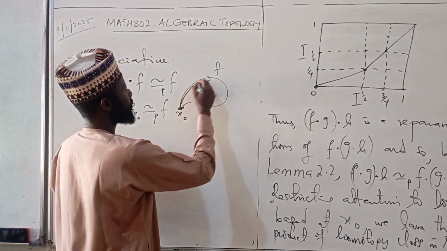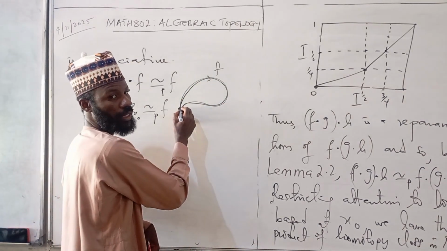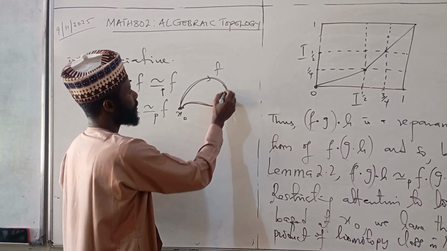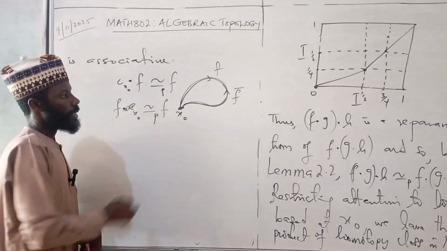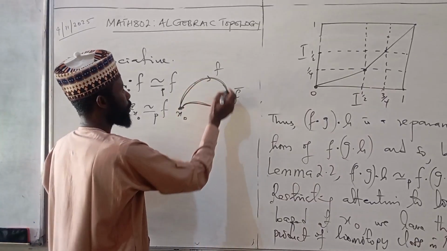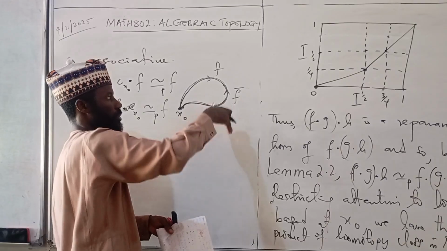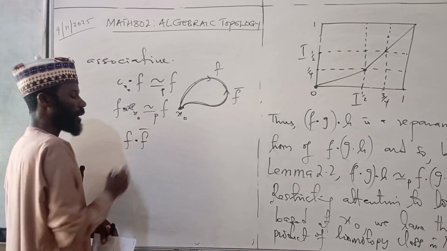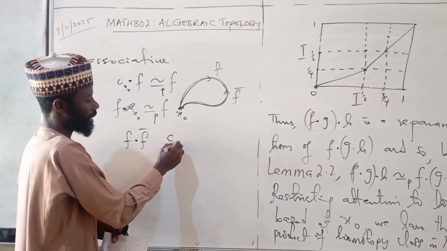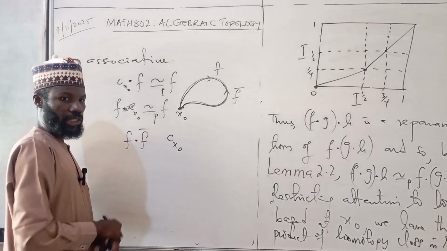And you can reverse a path. Yeah, f like this. Then I can go in the reverse order, go back. F inverse, but we denote it by f bar. And you see that if you go f and come back, there will be a homotopy between this and the constant path at x naught.